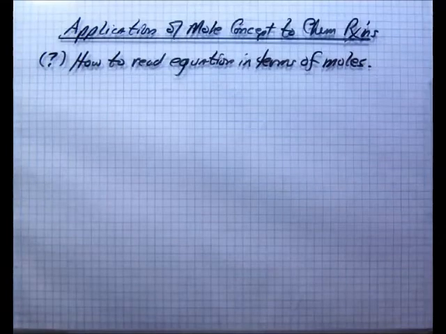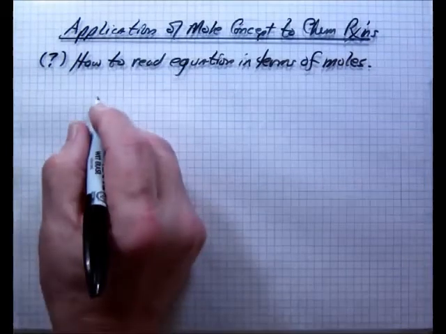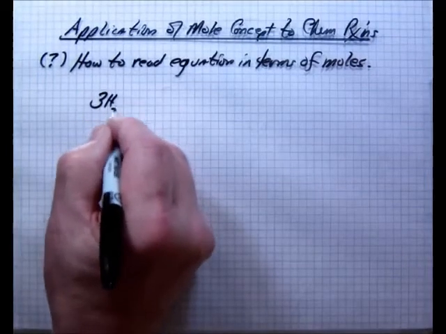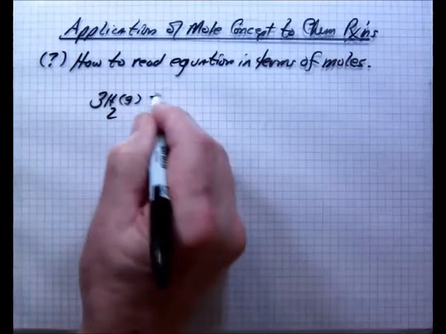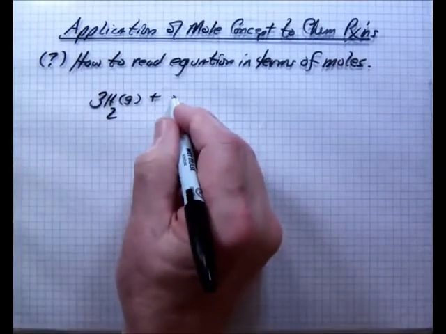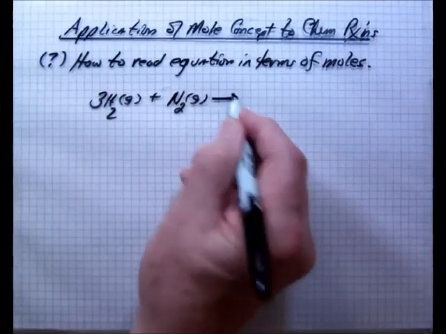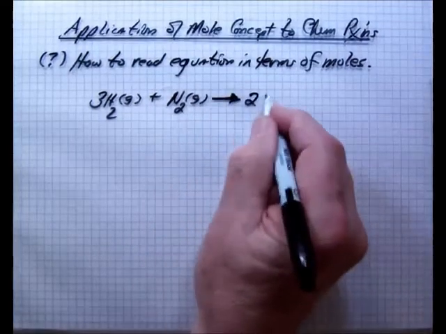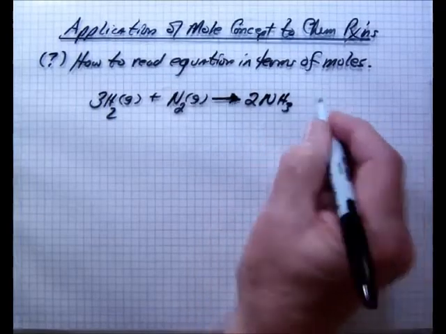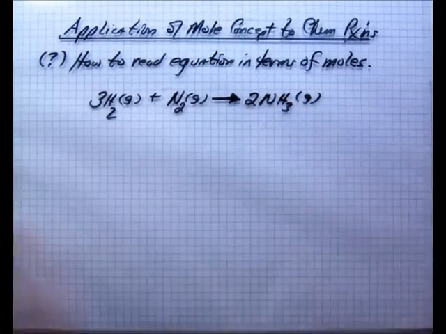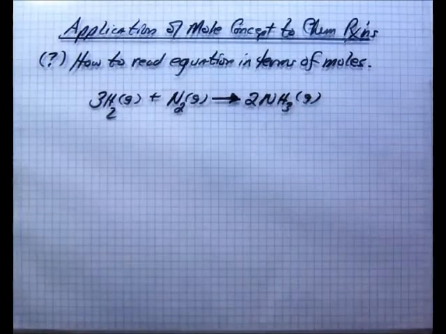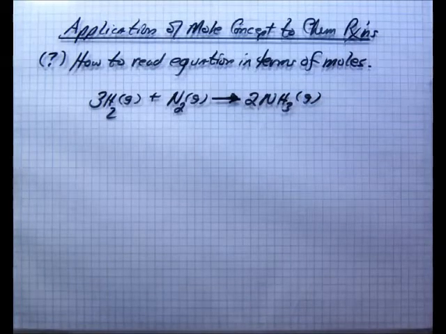If I were to give you the following equation, 3H2 in gas form plus N2 in gas form produces 2NH3 in gas form. Question is, what do you see in terms of quantitative issues?